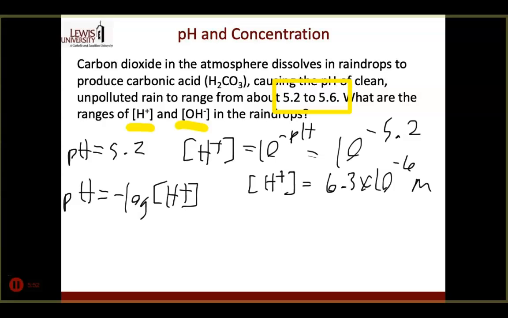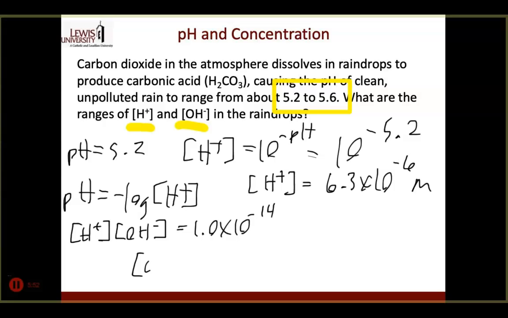All right, now if we wanted to look at the concentration of OH minus, there are a couple ways you can do that, but one of the easiest ways is to use Kw, because we know that the concentration of H+ times the concentration of hydroxide should equal 1.0 times 10 to the minus 14th, the Kw value.